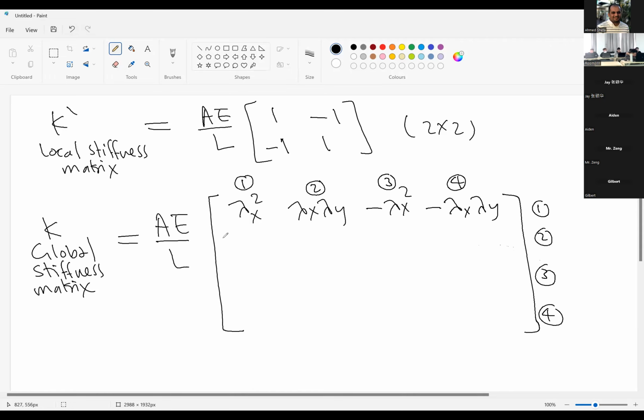Second row is lambda x lambda y, lambda y squared, negative lambda x lambda y, negative lambda y squared.